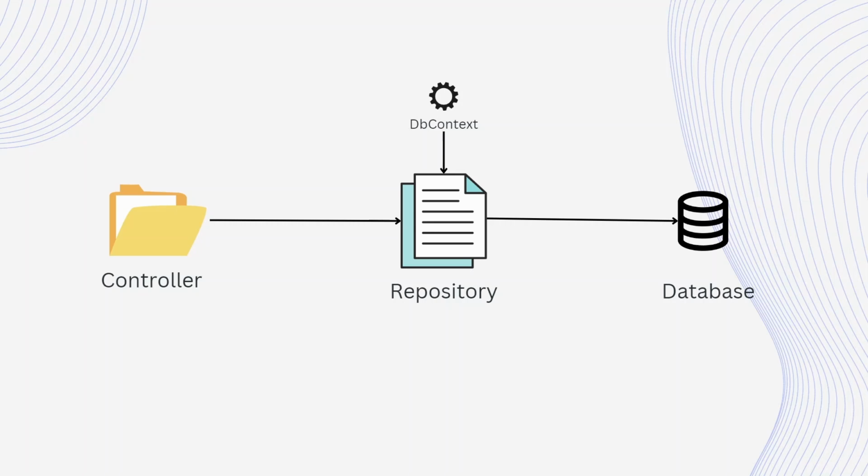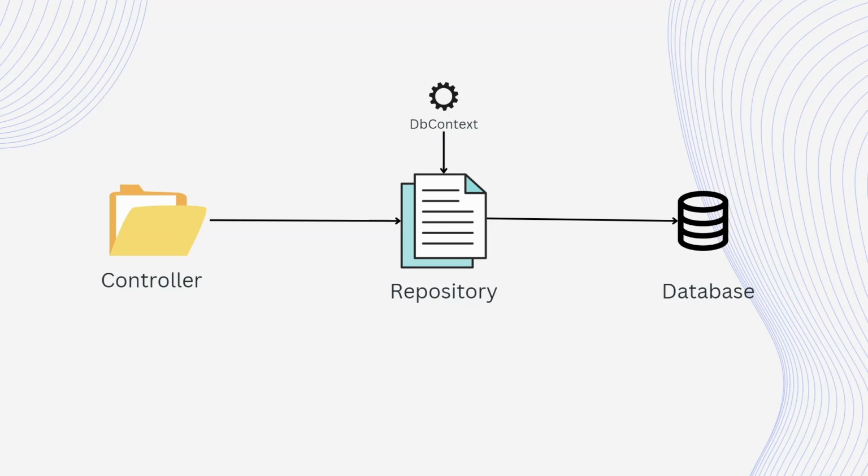The DbContext class is injected inside the repository rather than inside the controller, and it is the repository that then injects in the controller. So the controller will use the repository instead of using the DbContext. By doing that, the controller now has no awareness of what's being called through the DbContext.